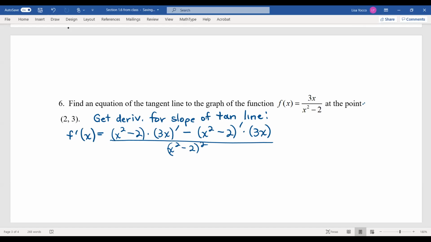All right. Then compute the two derivatives that are part of the quotient rule. For 3x, the derivative is 3.